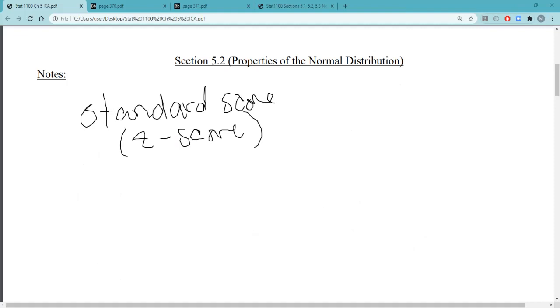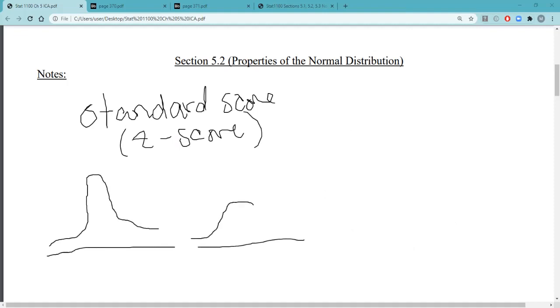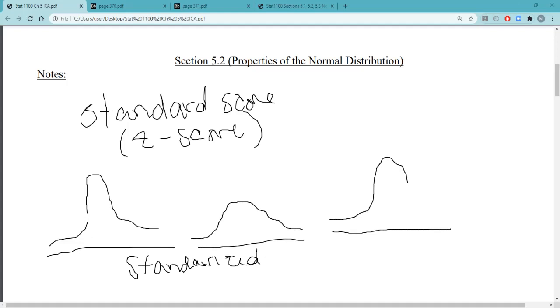So what we want to do is take these two different distributions and make it to where it's standardized. Now we're not looking at two graphs that have a different shape, but we're going to use some formula so that everything is on one distribution.